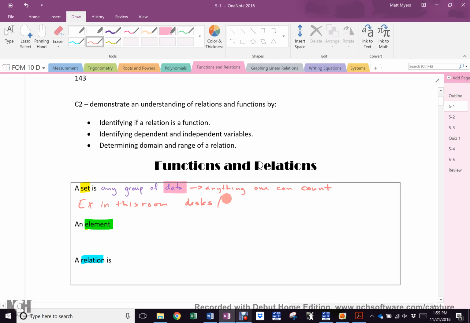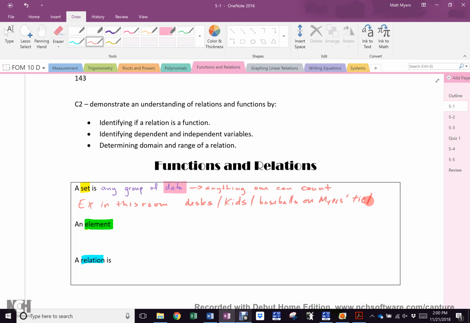Kids. Give me another one. Okay, the baseball's on my tie. Now, that's actually a good example because, of course, that is indeed countable, yes? So, therefore, it's a set.